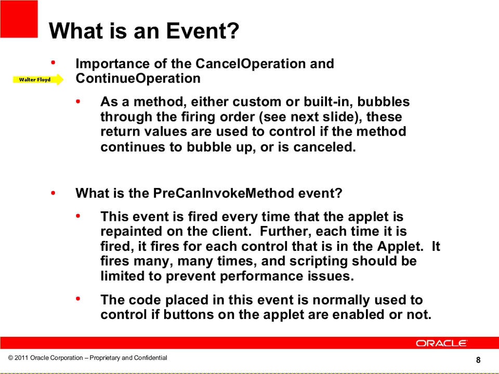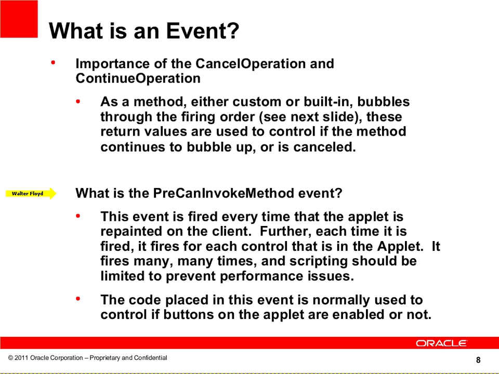I want to do a brief point out about the pre-can invoke method event. The pre-can invoke method is on all applets, and it is an event that's set up so that you can enable and disable controls within the applet. Controls being buttons or different controls that are built to handle the UI navigation.